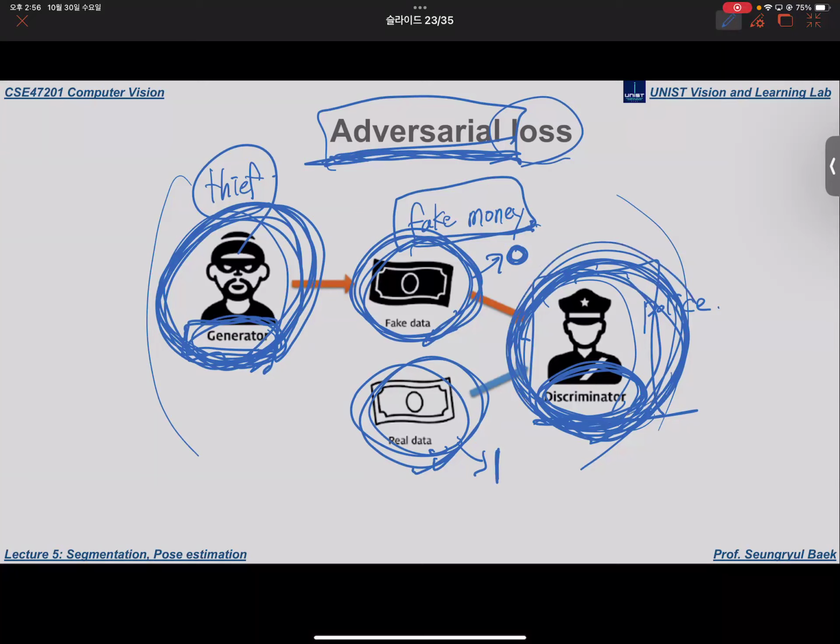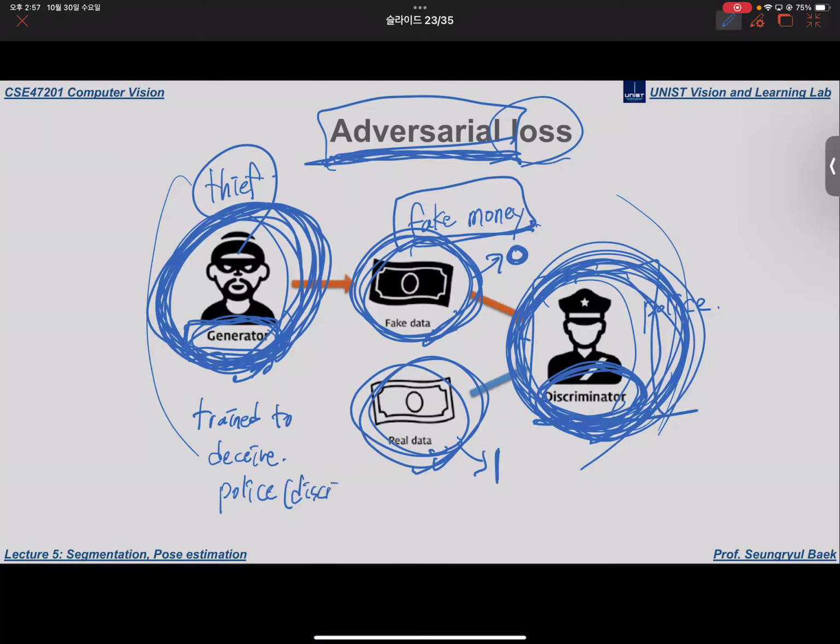That's the training loss for the discriminator. And then what the generator is doing is it is trained to deceive the police, the discriminator.